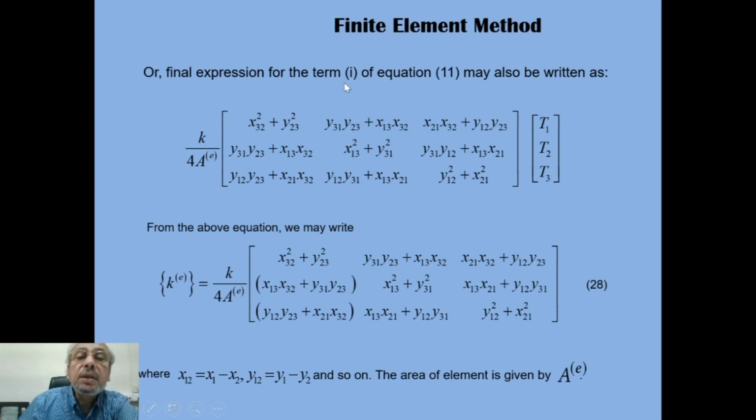So the final expression of term 1 of equation 11, as we said, we can write in this way. And if you recall, we wanted to describe this as the K elemental matrix into the T column matrix.